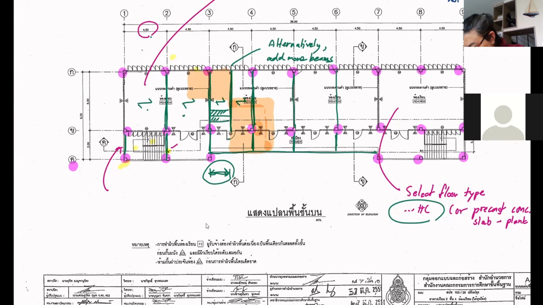Okay, now when you're going to select the floor, this beam will support the floor in this area, correct? Yeah, like this brown area. It becomes the area that your beam has to support.